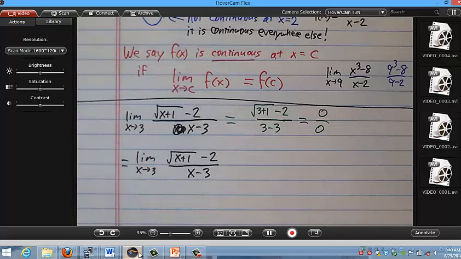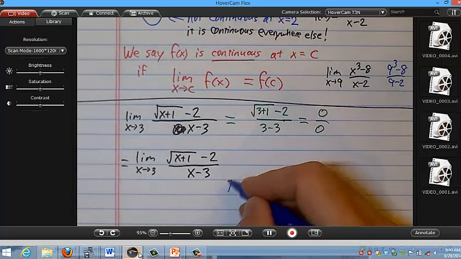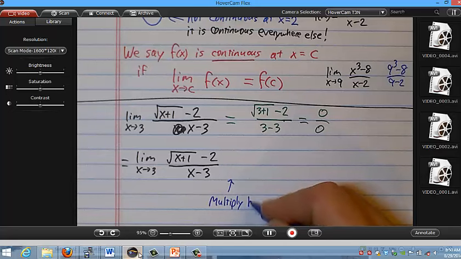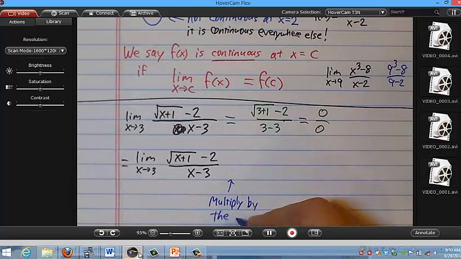You might remember multiplying by what's called the conjugate. Have you ever heard of that? We're going to multiply by the conjugate. This is a trick you probably learned in an algebra class. And I'm glad they taught it to you, but then they also taught you something that kind of fails here.